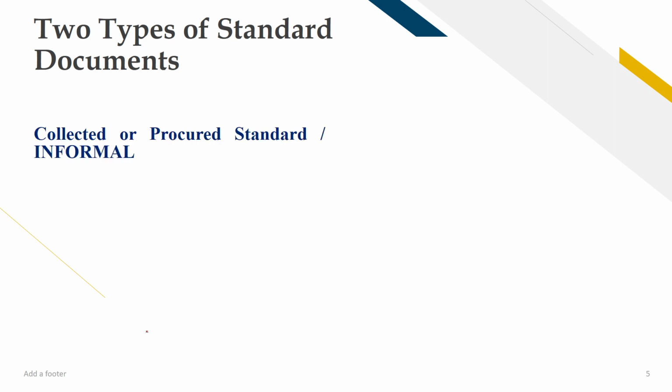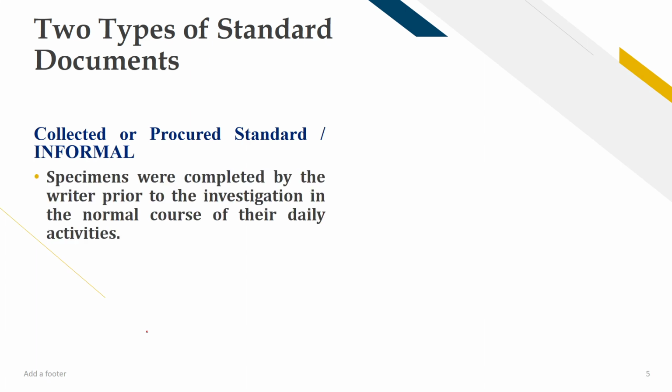So, nauna po, syempre, yung collected or procured. Or, in layman's term, ang tawag po natin is informal standard. Ano ba yung mga informal standard? Pag sinabi pong informal standard, ito ay mga specimen which are completed prior doon na magkaroon ng issue pertaining to the handwriting or signature or even typewritings of that person, bago pa nagkaroon ng issue tungkol sa sulat or pirma ng isang tao.